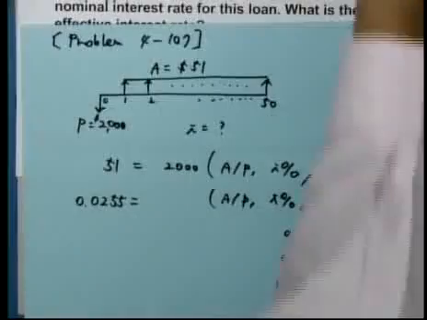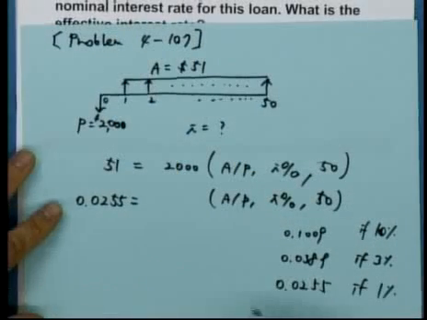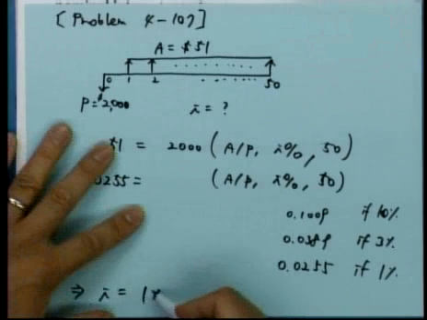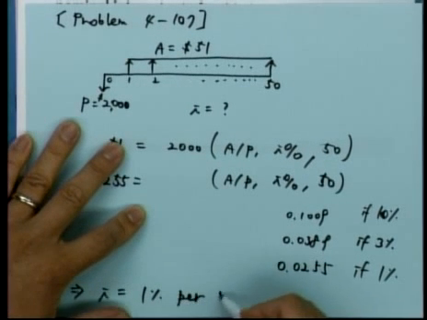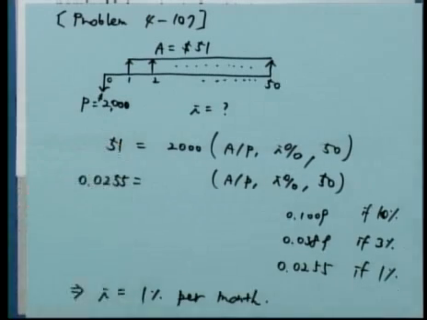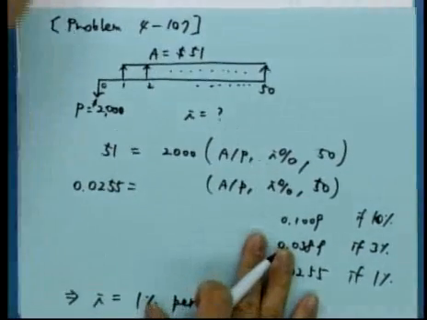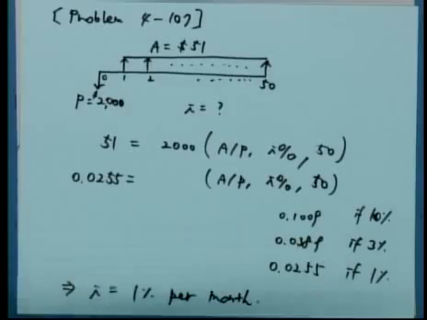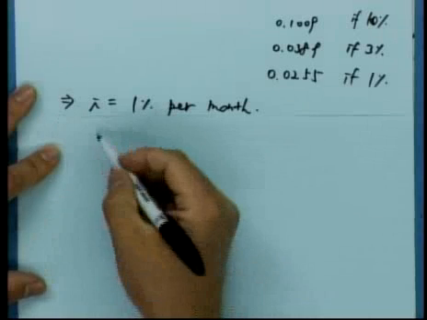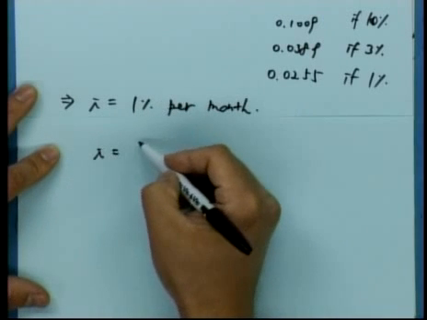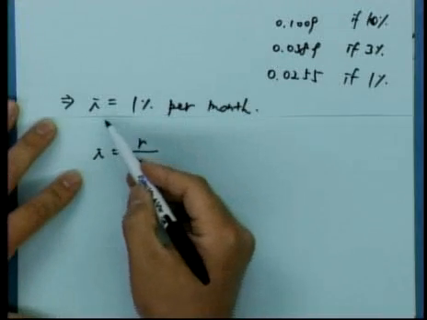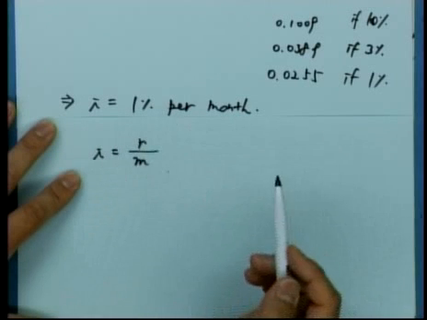Okay? So I do say the I is 1% per month. Is that right? So now we use the formula. I is R over M. Here we've got I equals 1%.